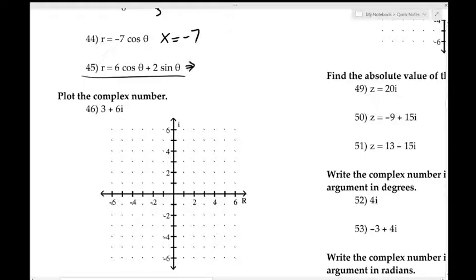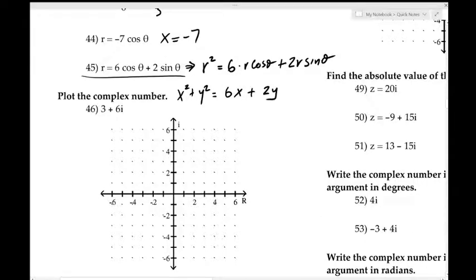So if I multiply the left and the right side by r, we get r squared is equal to 6 times r cosine theta plus 2r sine theta, and that's probably the quickest way to do it, since on the left side we can plug in the definition: x squared plus y squared is equal to 6x plus 2y.